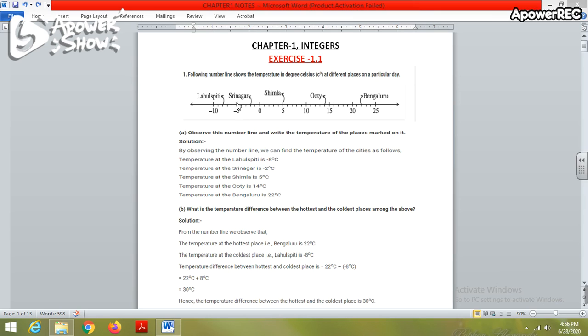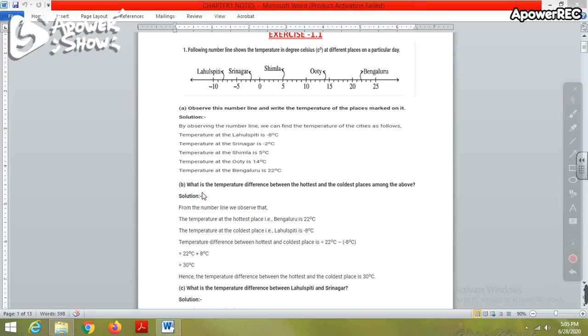Just count from here: -5, -6, -7 and then -8. So the temperature of Lahaul Spiti is -8 degrees Celsius. In this way you just observe the number line and write the temperature of the places which were marked on it. Now let's move to part B of question number 1.